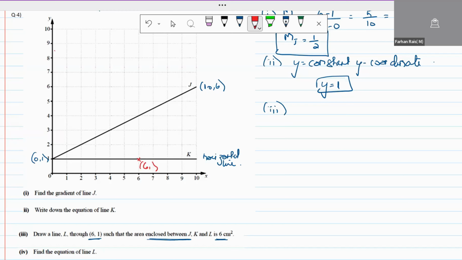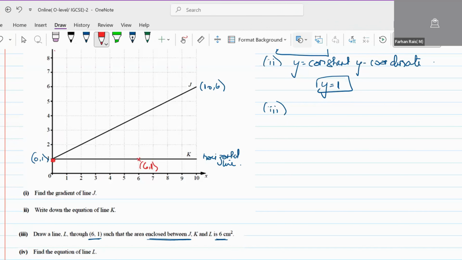So one point we have is 6 comma 1. And since it's the bounded region, the second point is this, 0 comma 1. We already have the 2 points about this enclosed area between J, K, and L. Now here, the base side to be taken would be the horizontal line.